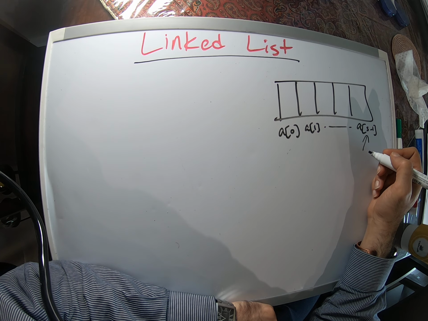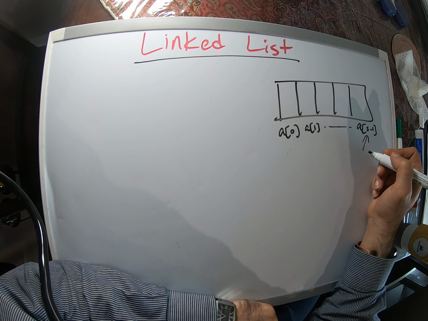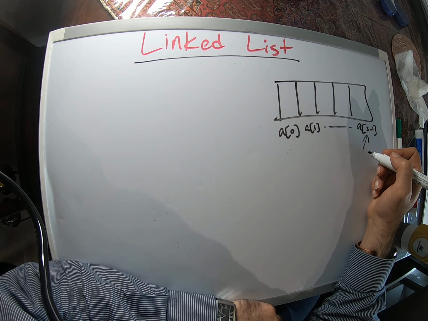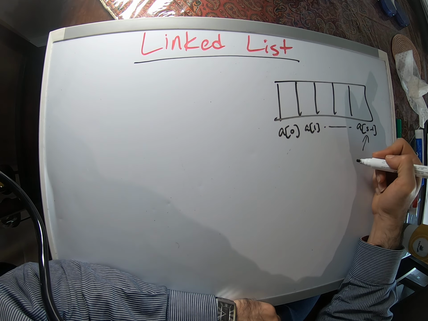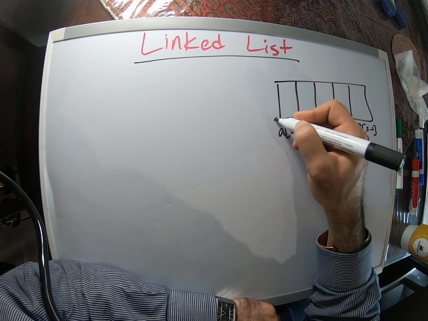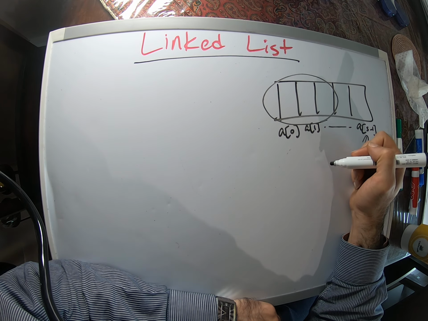So let's say you want to store a bunch of numbers that you don't know exactly what the size is. What you have to do is basically allocate a huge array, and you might not be using the whole array, you might be using only a portion of it.